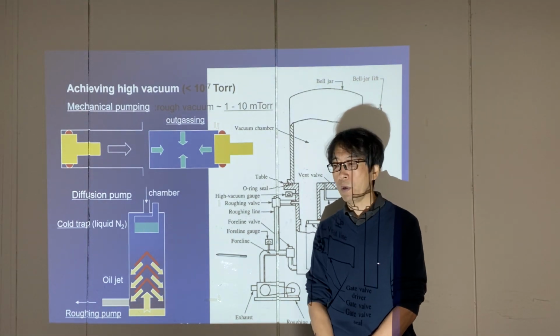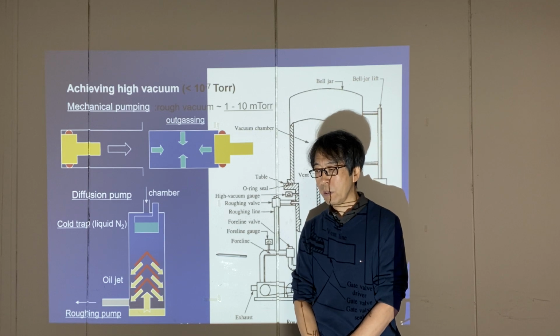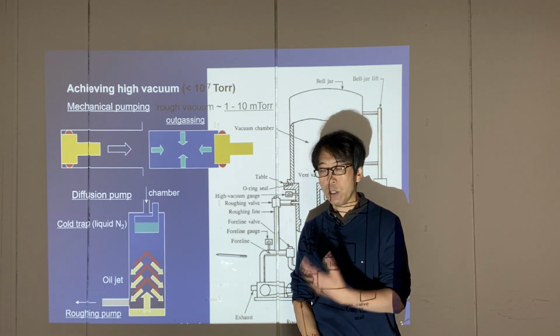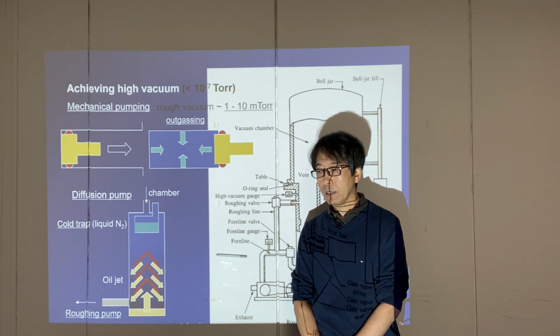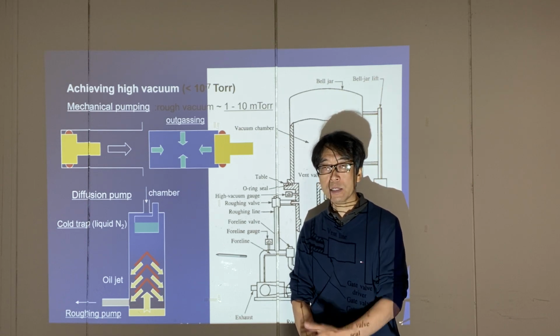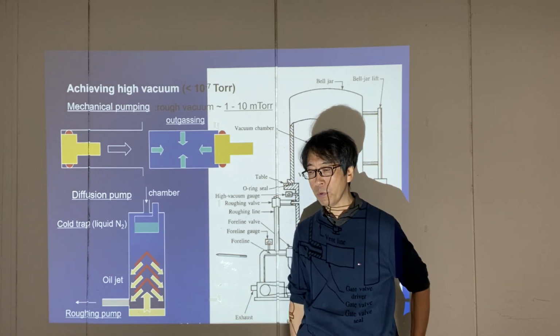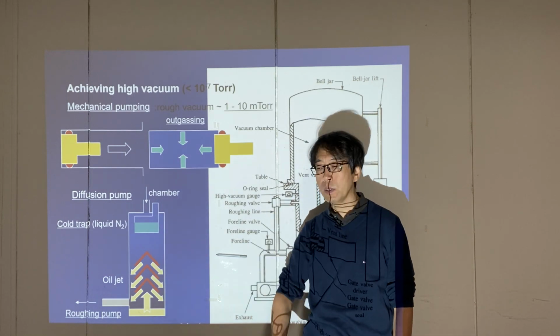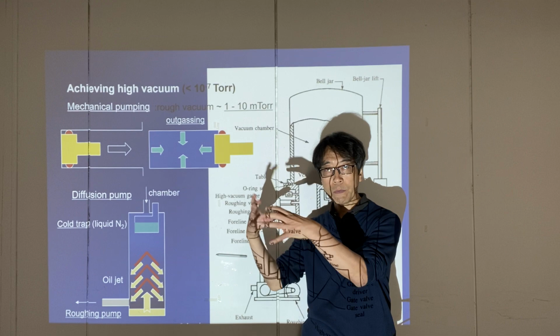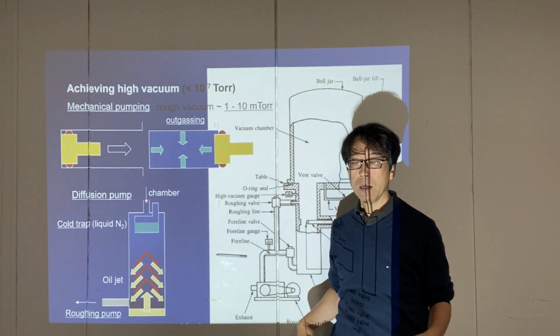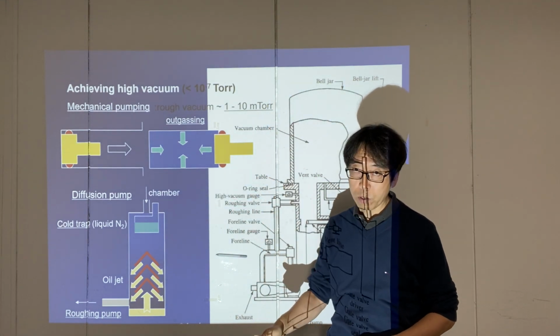So when I did the clean room process for my PhD topic, you turn on the vacuum pump inside the clean room. You just wear all these gowns and go into the clean room, prepare your wafer, put your wafer inside the bell jar, close it up, and turn on the vacuum.